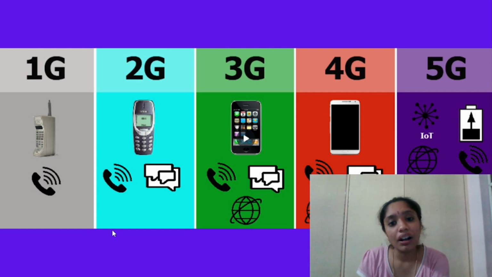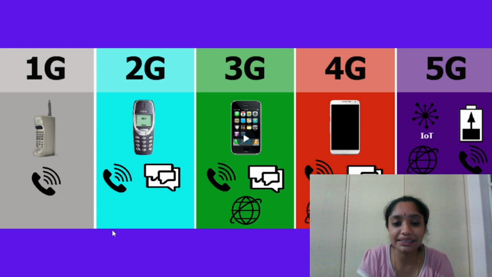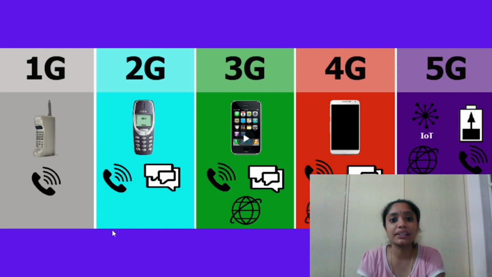Under 3G, there was an improvement and advancement, so they started touchscreen mobiles where you could access the internet by connecting to your Wi-Fi or cellular data networks and access whatever information you wanted through mobile phone settings in homes also.